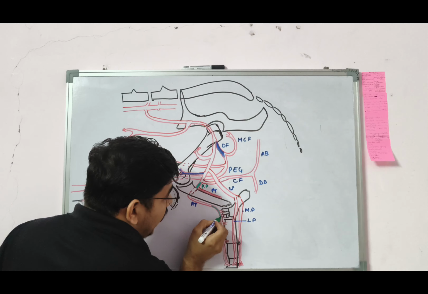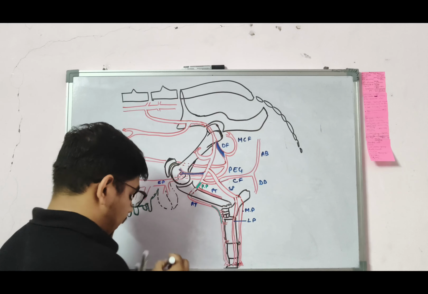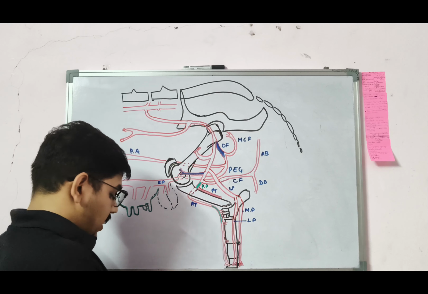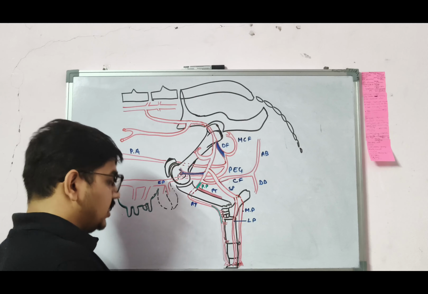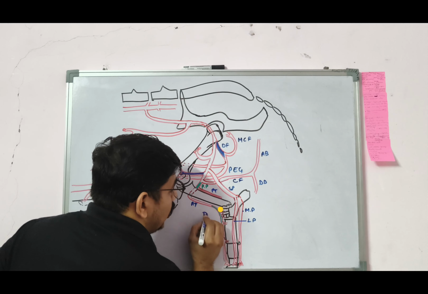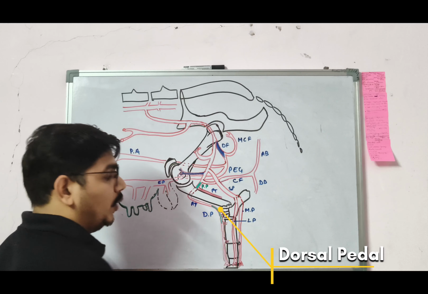At the distal extremity of the tibia, just before the tarsal part, this green part changes its name and is known as dorsal pedal.